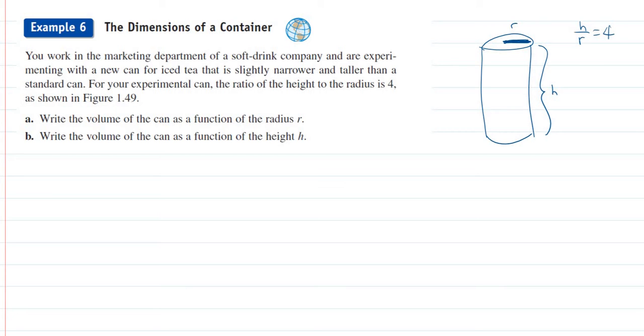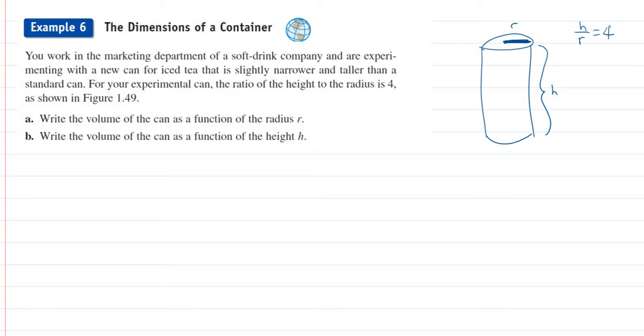So here is my cylinder, here is the radius, here is the height, and the relationship between those two is this ratio: the ratio of the height to the radius equals 4.